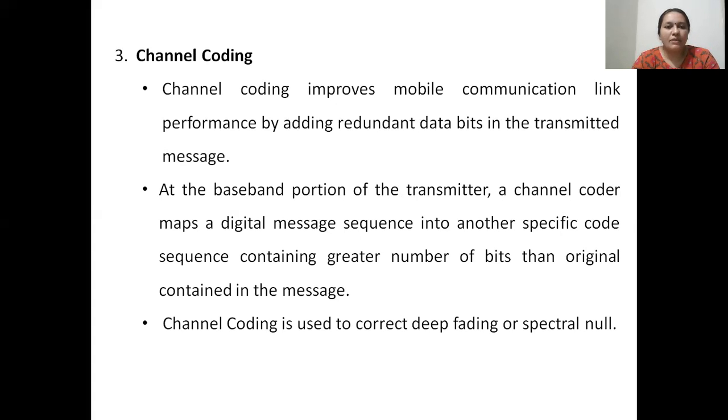So these additional bits added to the signal can reduce the fading of the signal. Channel coding can correct deep fading and spectral null problems in the transmitted signal over the communication channel. Thus, the three techniques used for avoiding the fading of signals over the communication channel are channel coding, diversity, and equalizer technique.